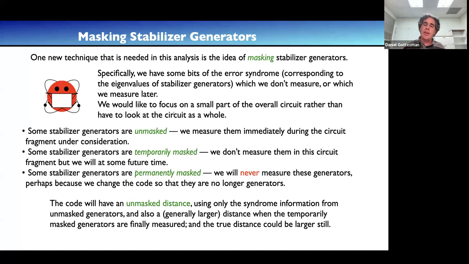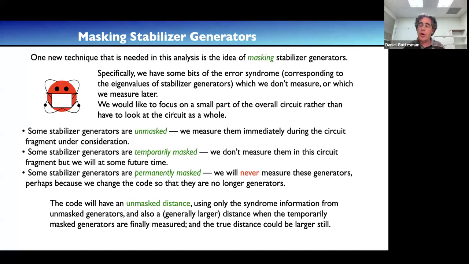Okay, and so the thing is that if you're in one of these intermediate states where you've measured some of the generators and not others, then your ability to correct errors is less than what you'd have if you had measured the full error syndrome.